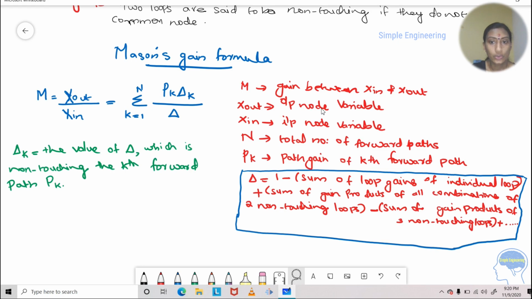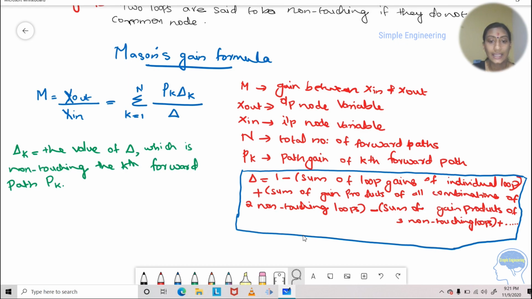X out is the output node variable, X in is the input node variable, N is the total number of forward paths, and Pk is the path gain of the kth forward path. Then we need to know about delta. Delta is given by the equation 1 minus the sum of loop gains of individual loops.